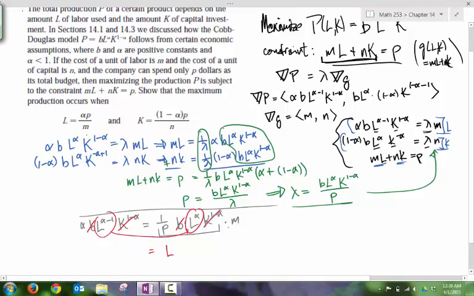And now I have to bring the m and the p over to the other side. So if I bring the p over, it'll be in the numerator, and then there's still an alpha left. And then if I divide by m, it'll be in the denominator. So this is my solution for L.